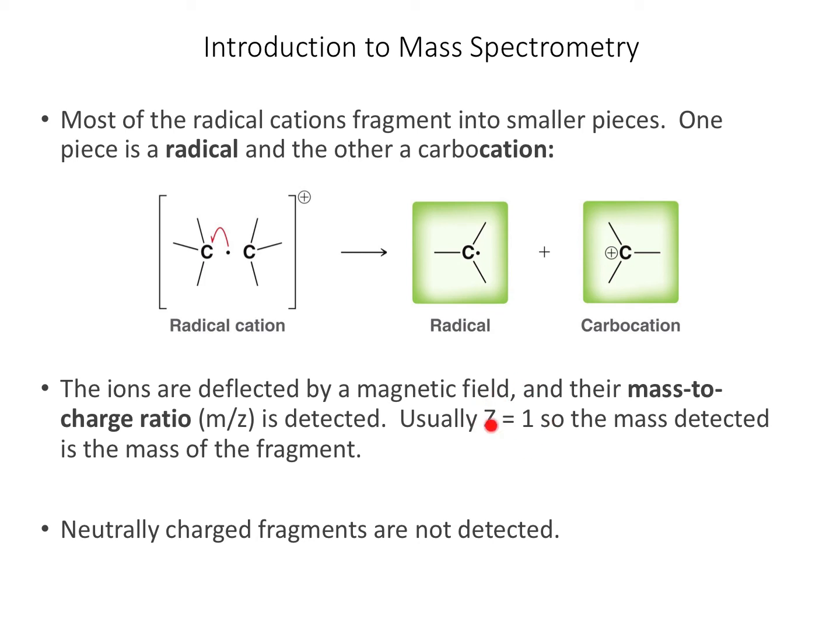Now the charge on these is usually 1, so the mass detected is generally the mass of the fragment. We don't actually detect the radicals, but these radical cations can usually fall apart in different ways, and so we'll get a number of different carbocations that result from the fragmentation of our molecule, and by measuring the fragments, they can kind of tell us the pieces that our molecule is made up of.